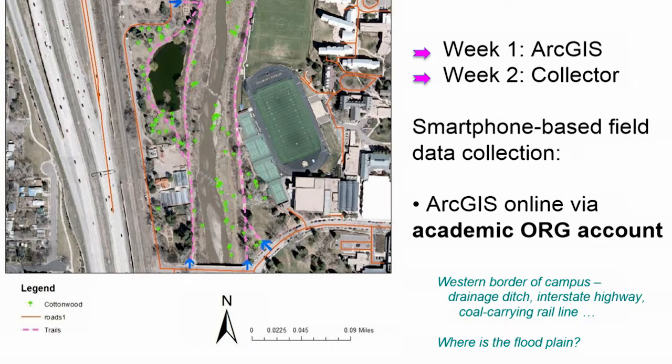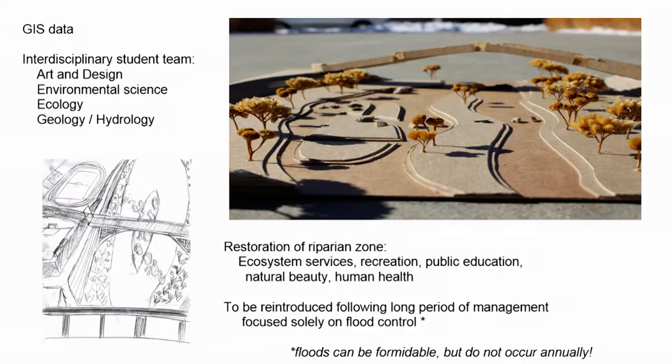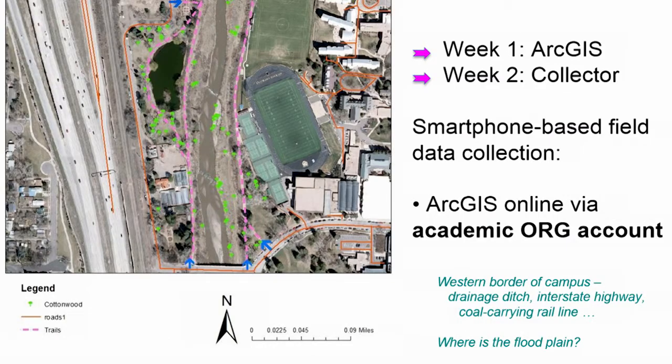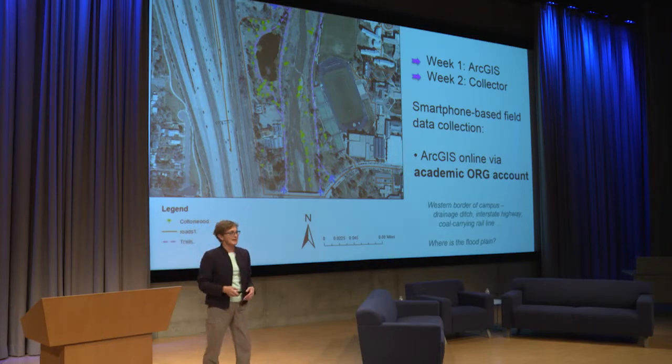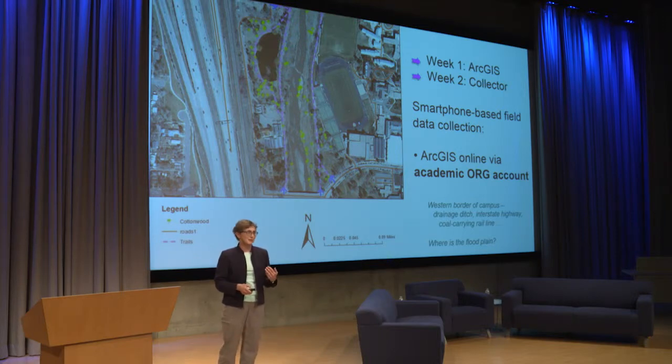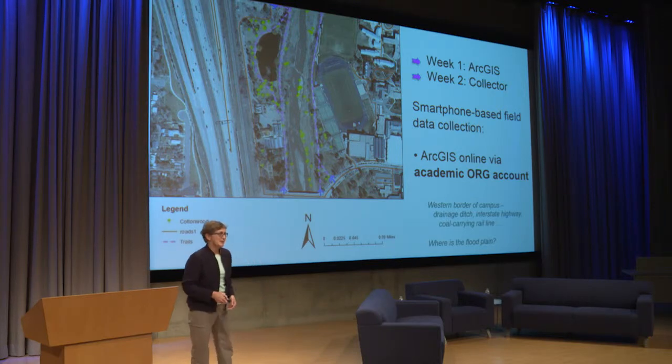What's shown here is the western boundary of the Colorado College campus in an urban setting. This is how, was it termed yesterday, nothing more than a glorified sewage ditch falling through the city.